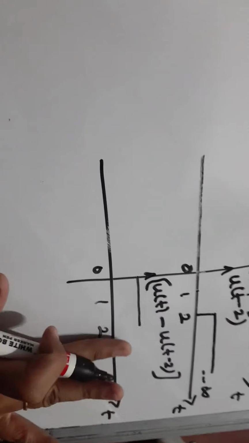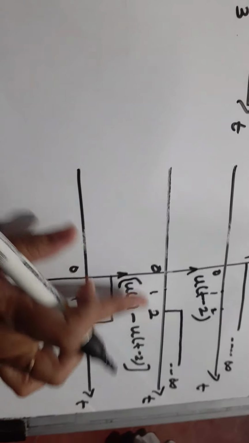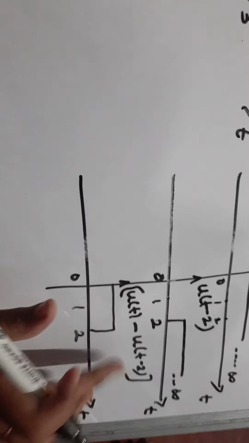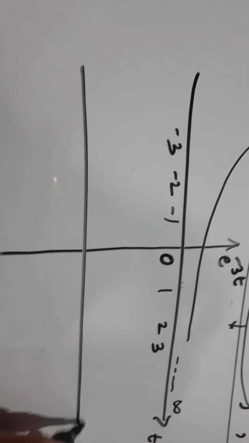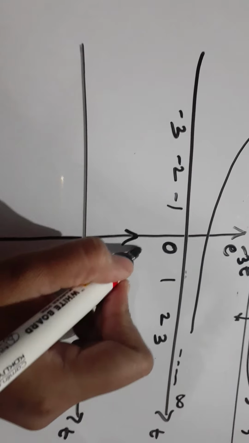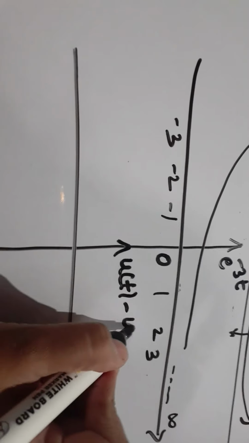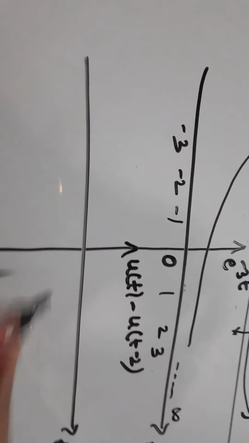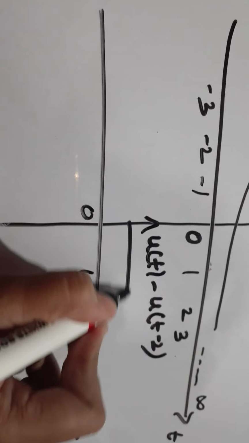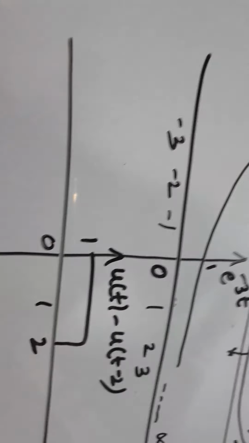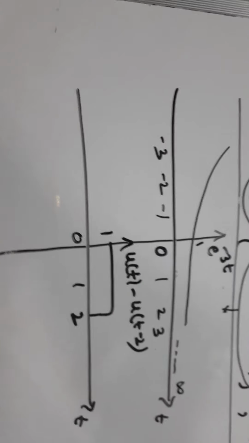After 2, 1 minus 1 will become 0. This is how your subtracted signal looks like. So let me draw it here. This is your subtracted signal.